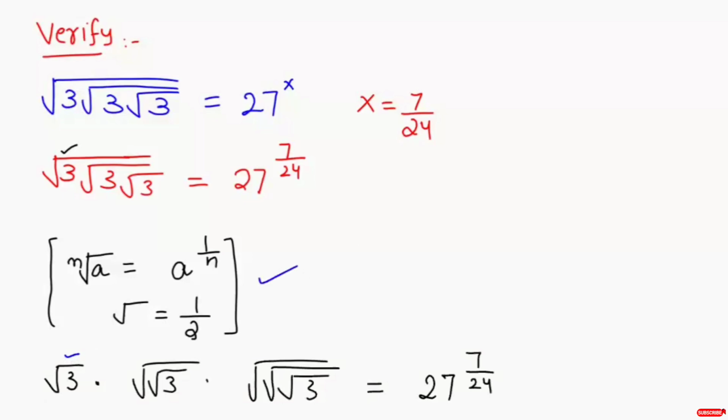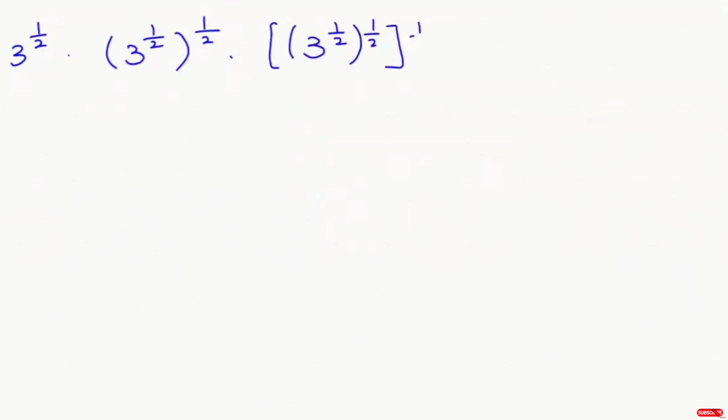So the next expression we get is 3 to the power of 1 over 2 times 3 to the power of 1 over 2, and whole to the power of 1 over 2, times 3 to the power of 1 over 2, and whole to the power of 1 over 2, and again whole to the power of 1 over 2, is equal to 27 to the power of 7 over 24.